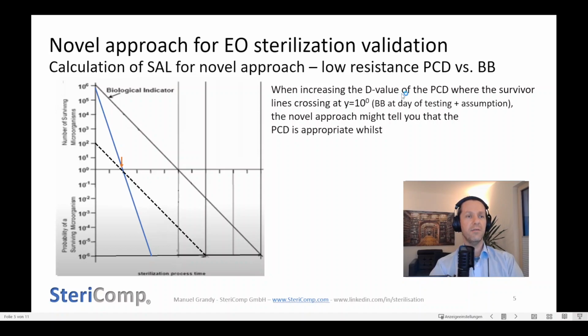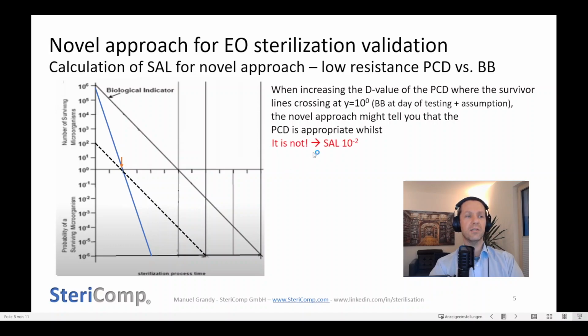So when increasing the D value of the PCD, where the survivor lines are crossing at the y-axis at 10 to the 0, like here, and again, this is the bioburden at the day of testing, then the novel approach might tell you that the PCD is appropriate, okay? Because here, if you run the sublethal cycle here, you might get growth of the PCD and you might get no growth on the product bioburden, okay?